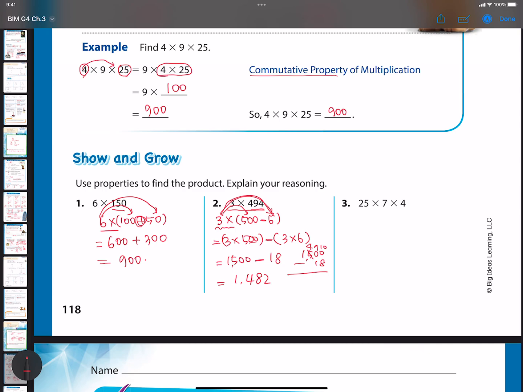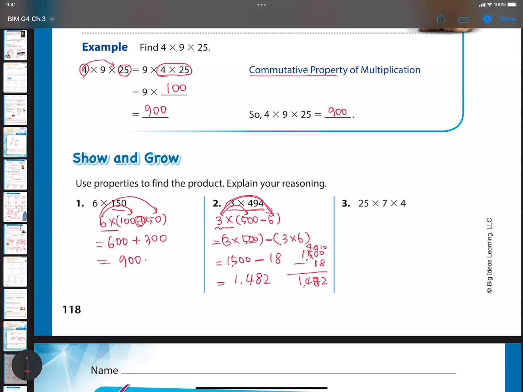Now you have to know automatically, since you cannot take away 8 from 0, you have to borrow it from the tens place. This is 0, so you need to move on to the hundreds place. And 9, 10, okay, remember. 9 take away 1 is 8, and 4, 1. Okay, 1,482. All right, now let's move on to number 3.